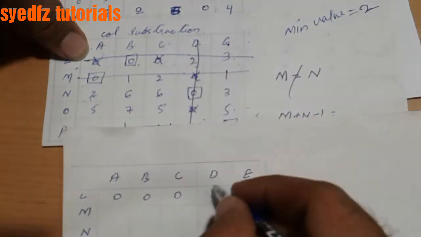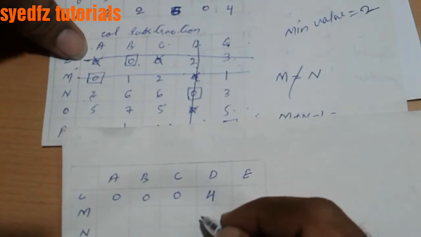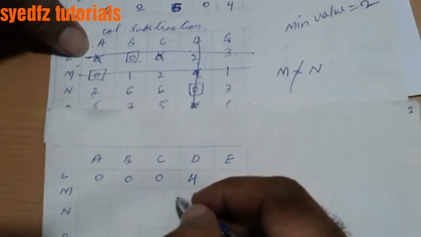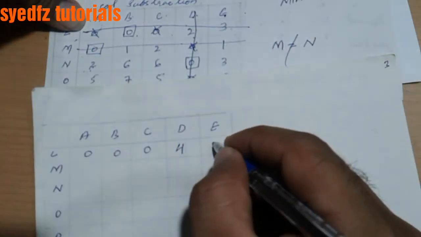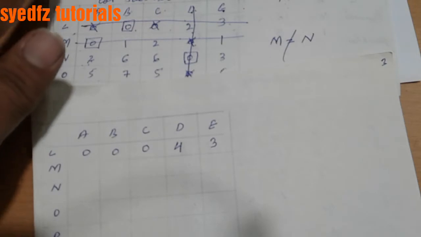Already 2 is there, so add it, make it 4. Okay, and here 3. So 3 is the same 3 because single line. If there is a line, we should not change the number. If there is double intersection, we have to add.